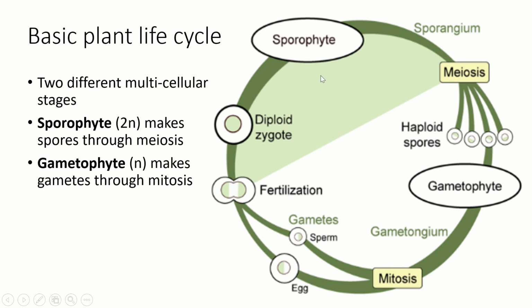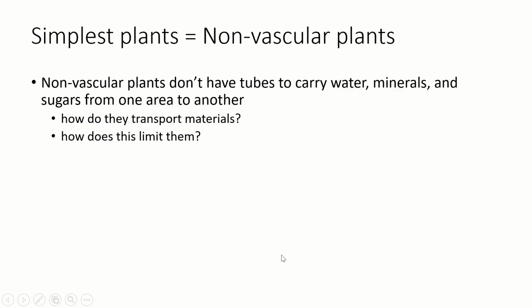Okay, so this is a really different life cycle from what we've learned before. For plants, they have a sporophyte that is multicellular and a gametophyte that is multicellular. And you can just remember that the sporophyte makes spores and the gametophyte makes the gametes.